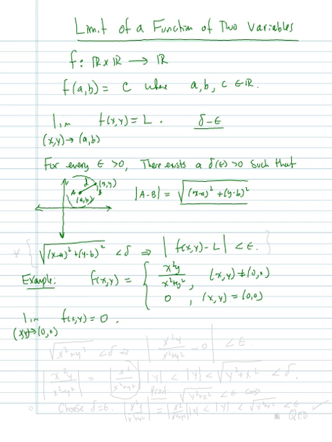So if we use the delta epsilon definition of limits, which I'll denote as star from now on, and of course we're cognizant of the fact that (a, b) corresponds to the origin, we have the following proof that has to be done.